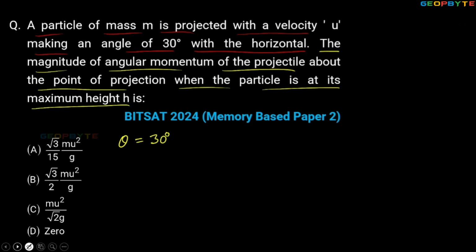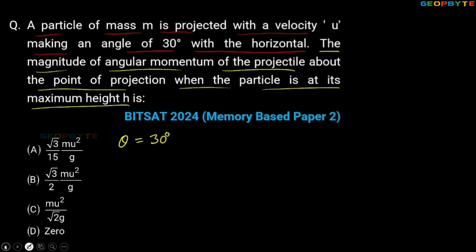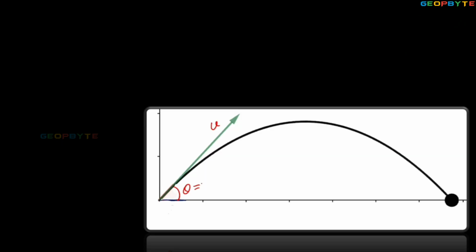Okay, it is like this. Look at the projectile motion, right? Here, the particle is moving with a velocity u, making an angle theta. Theta value given is 30 degrees. And that projectile has the mass m.